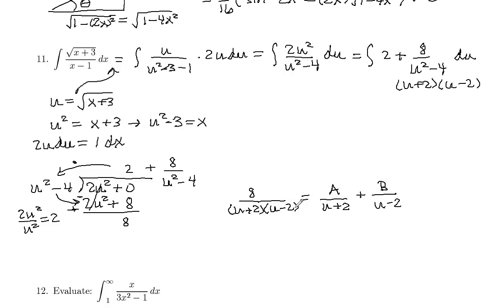And then we're going to multiply through by this LCD on both sides. So multiply on the left by u plus 2 and u minus 2. And then multiply on the right also by u plus 2, u minus 2. That whole thing.